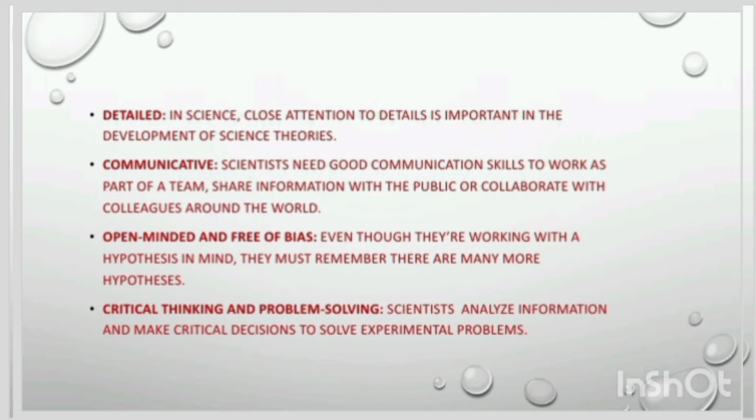And last but not the least, in fact, this is a very important quality, that is critical thinking and problem solving. Do you want to be a scientist? You must be able to analyze information critically and make the decisions necessary to solve experimental problems.